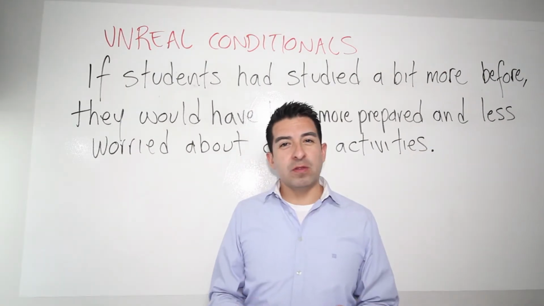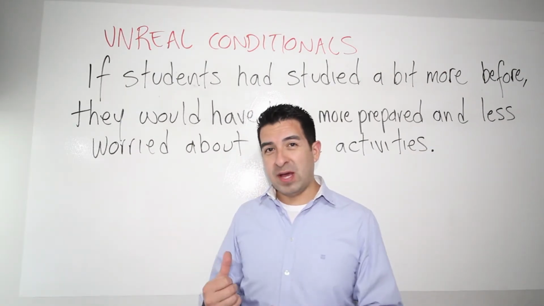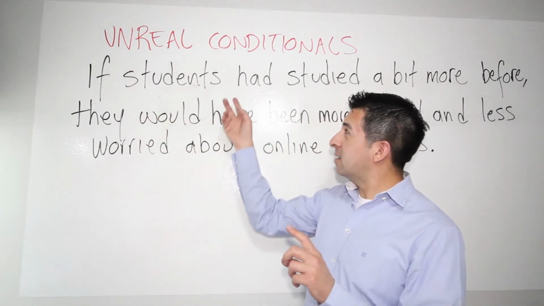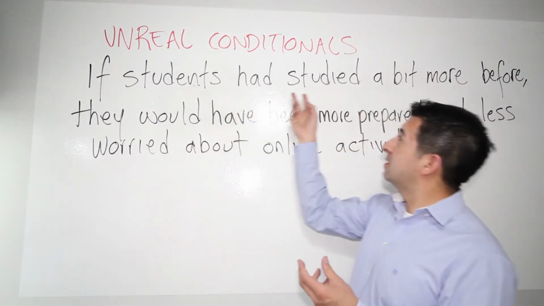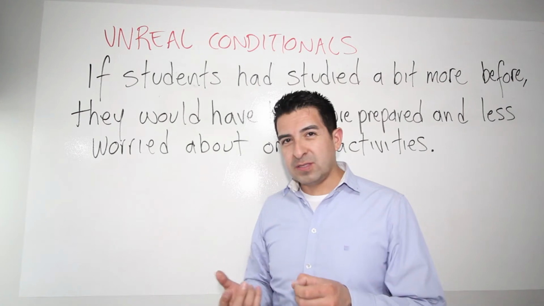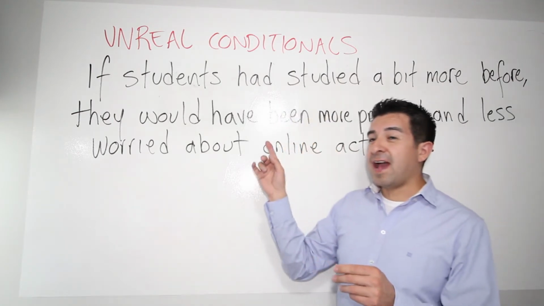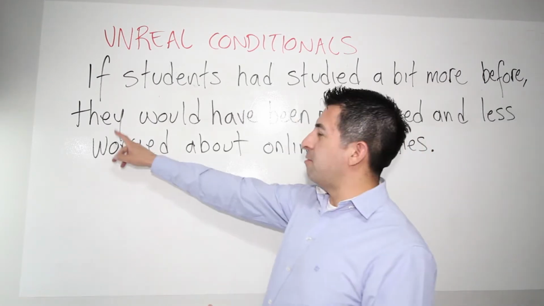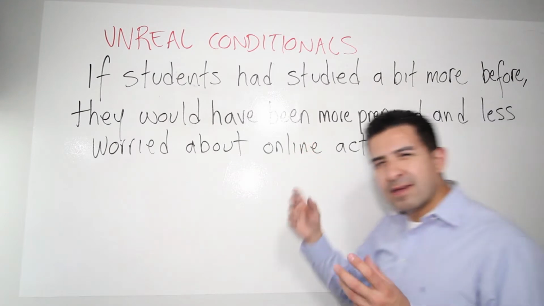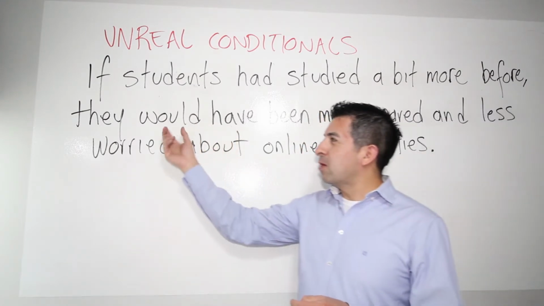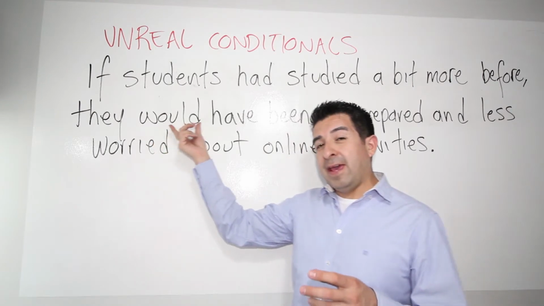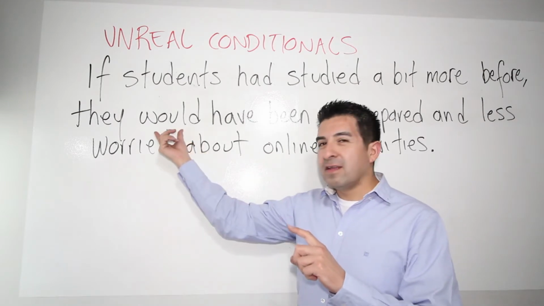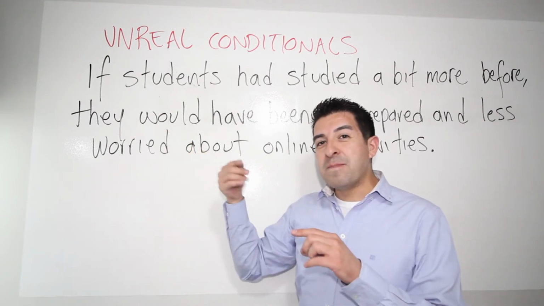Now we're having an example of unreal conditionals in the past. If students had studied, here we're using had studied, it's past perfect. If students had studied a bit more before in regular classes, they would have been, okay, we're using a modal verb. And if we add this have, we make this modal verb in past.